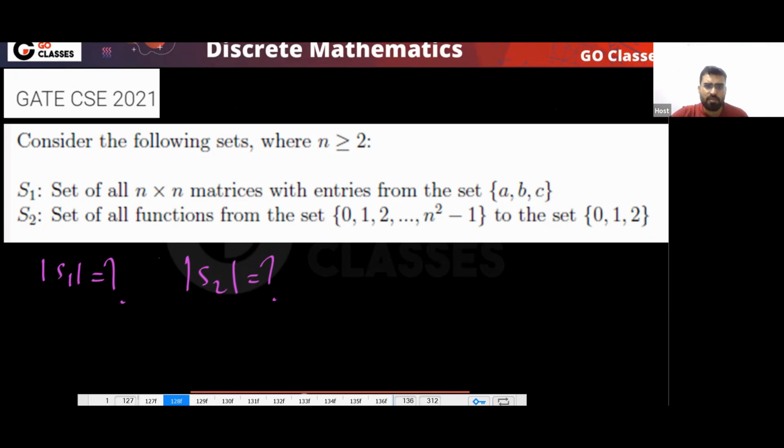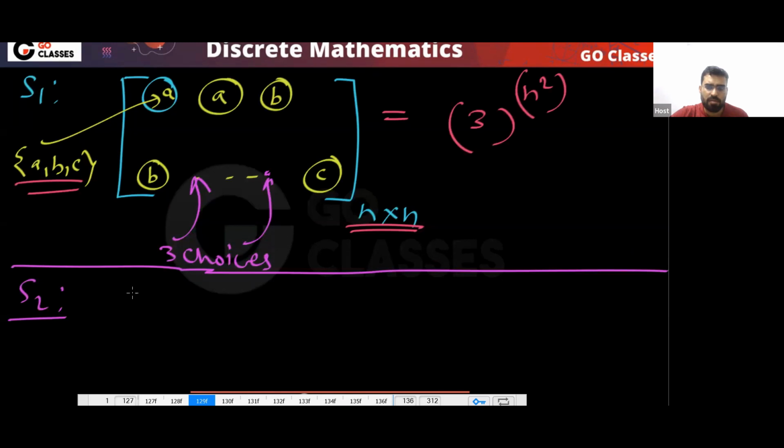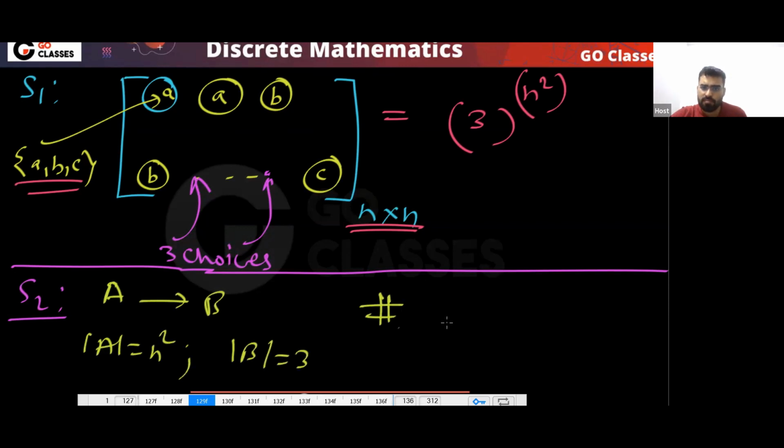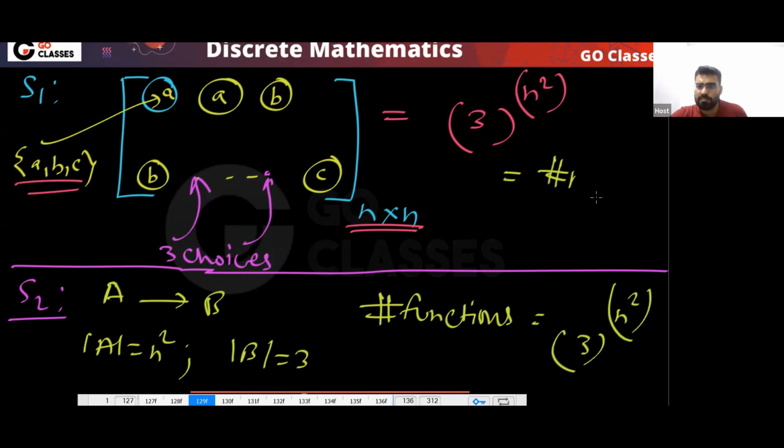So remember, the number of functions from A to B, where the cardinality of A is n square and the cardinality of B is 3, will be 3 power n square. And this is your number of matrices.